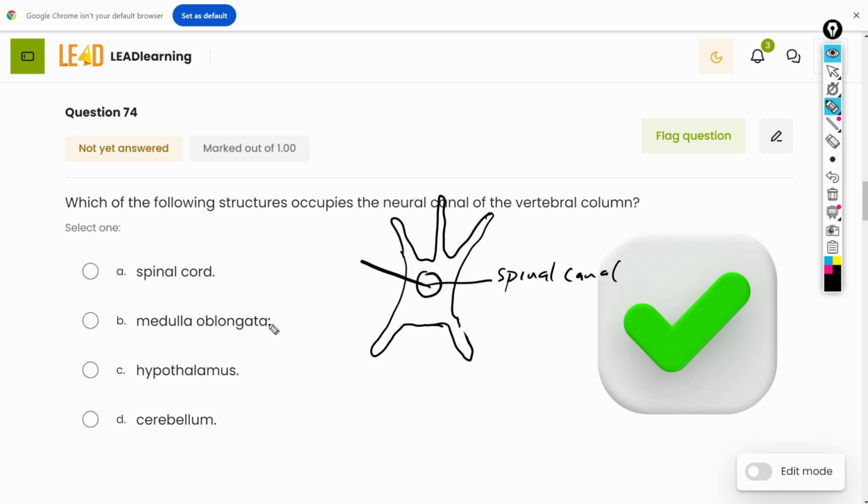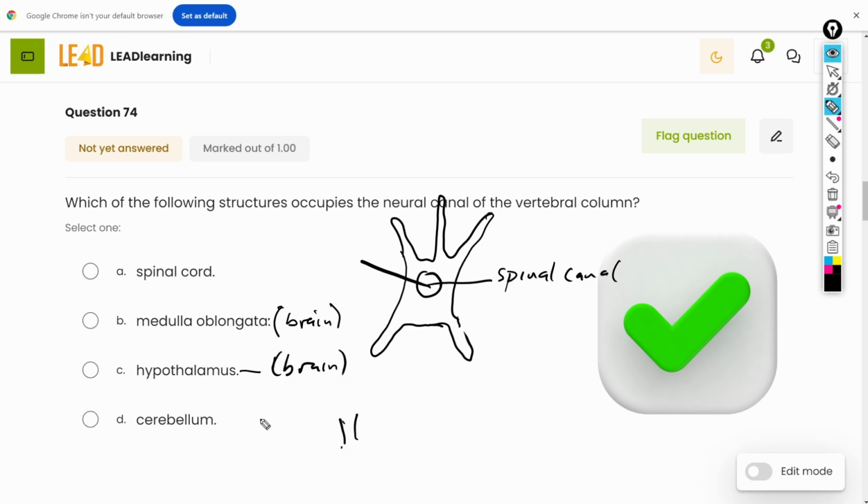The medulla oblongata is actually the part of the spinal cord that just enlarges to form the brain. So the medulla oblongata is a part of the brain. It is the first portion of the brain just after the spinal cord. So it does not go through the backbone, it's exposed. The hypothalamus is also a region of the brain.